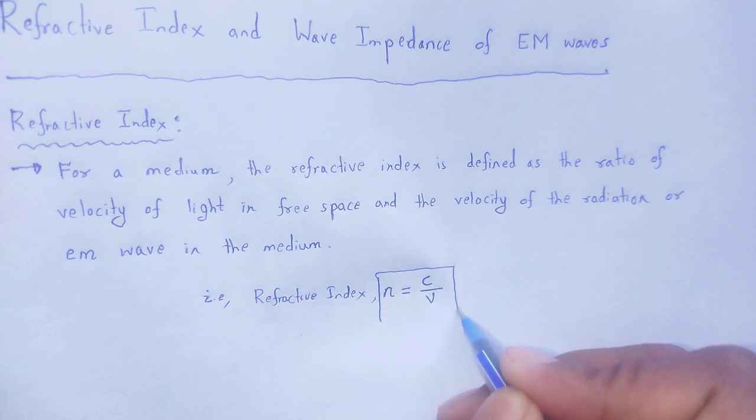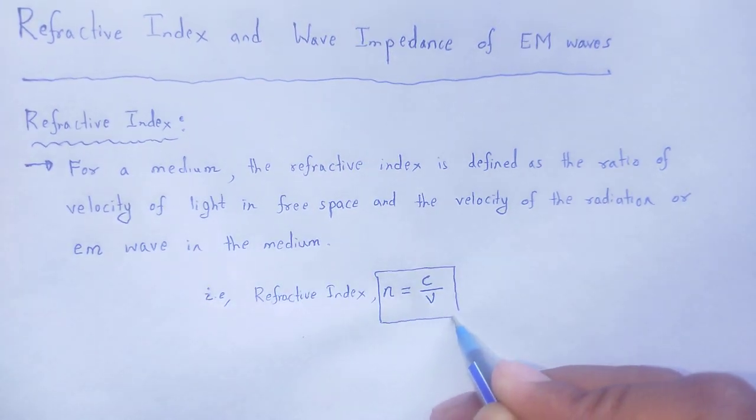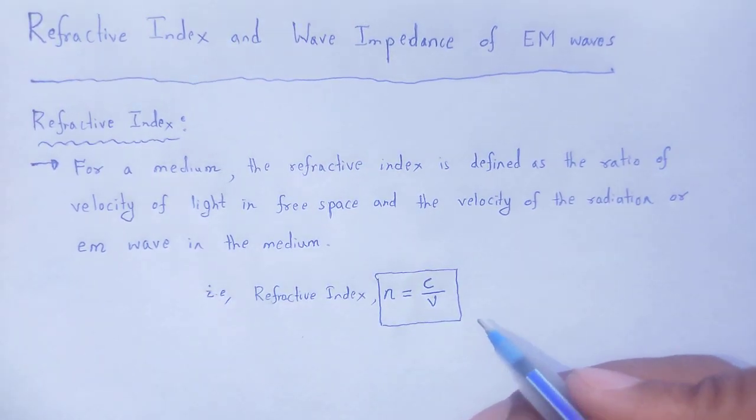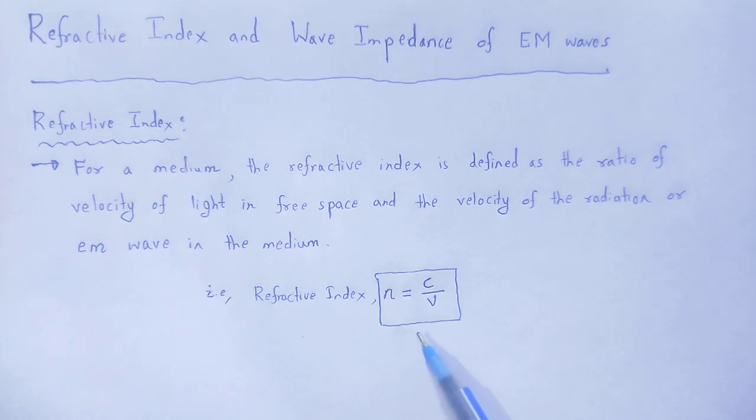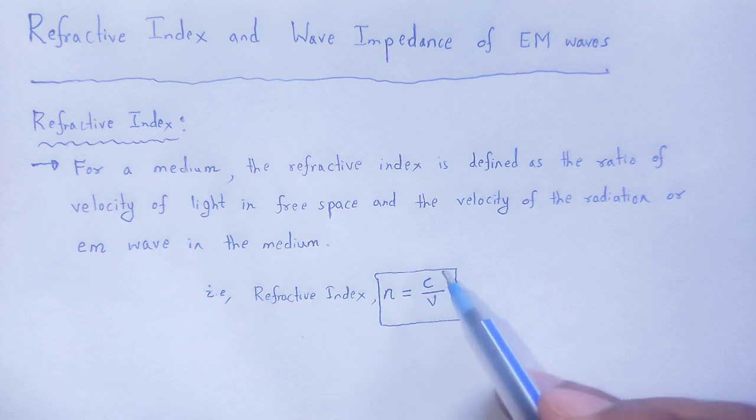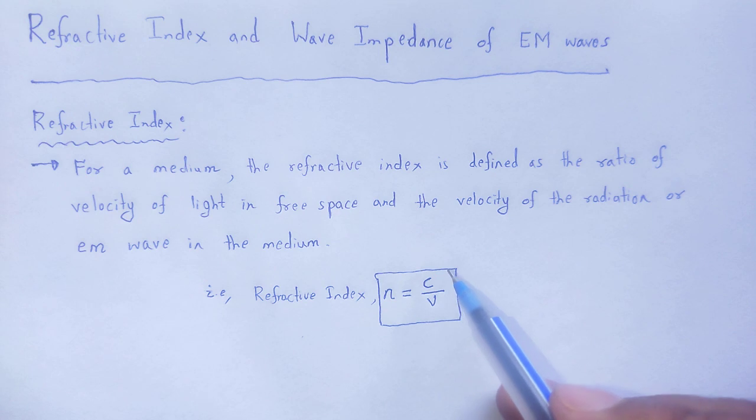Means we compare the velocity of that electromagnetic wave in that medium to that of velocity of electromagnetic waves in free space.